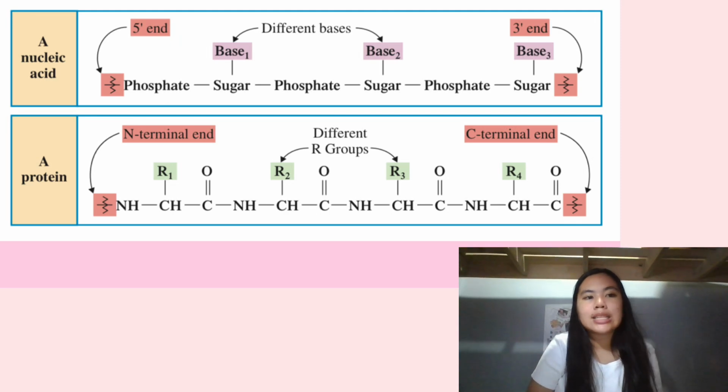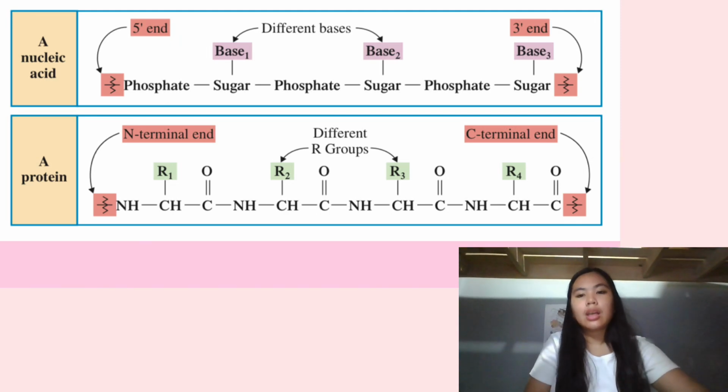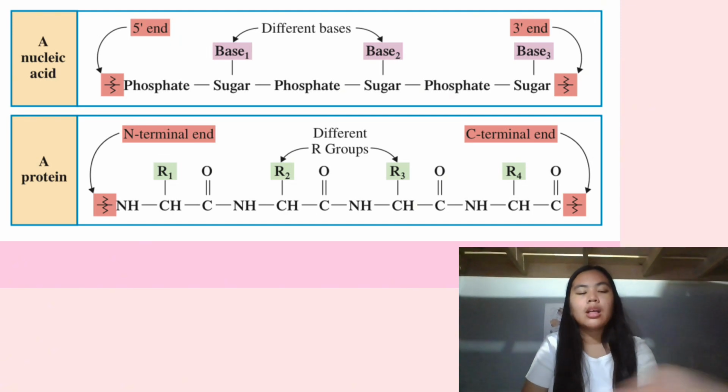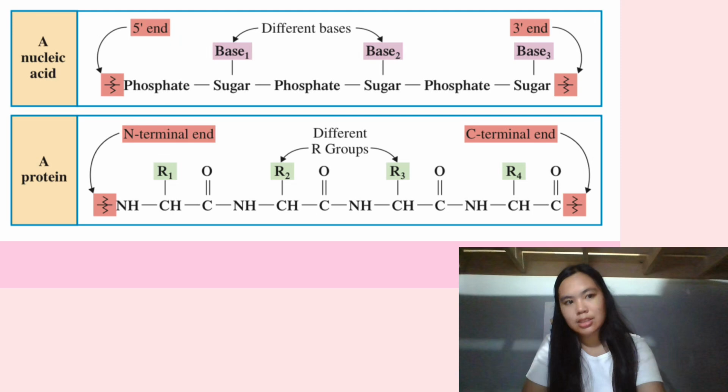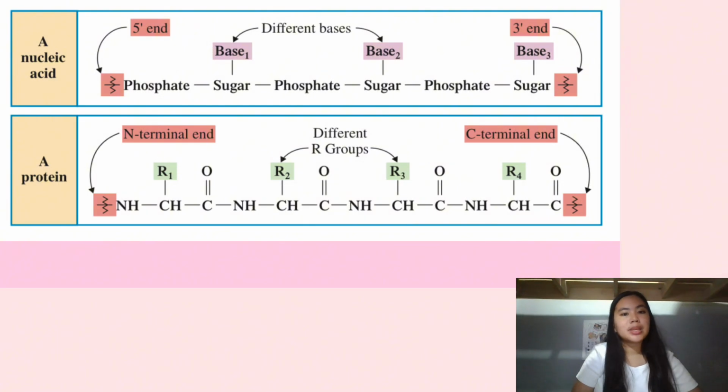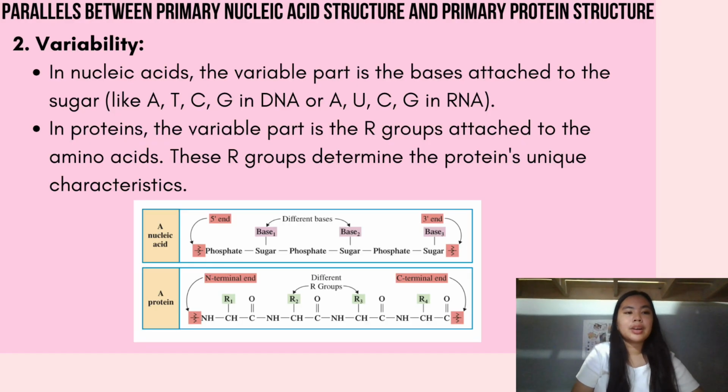While the nucleic acid has its 5' end and 3' end, the protein has its N-terminal end and C-terminal end. So they differ in their bases and differ in R groups. Next is the variability.